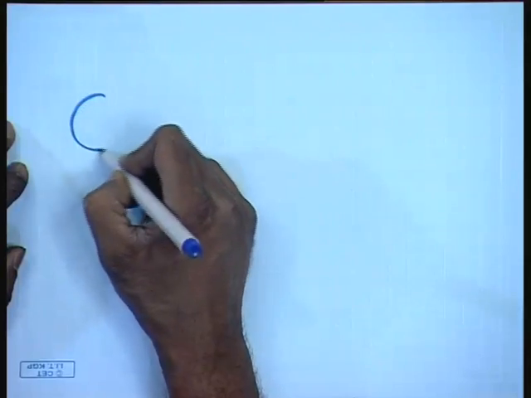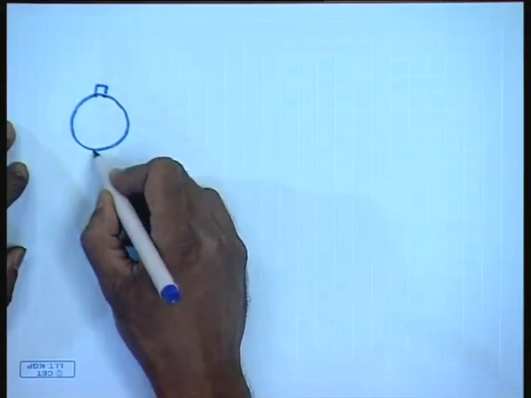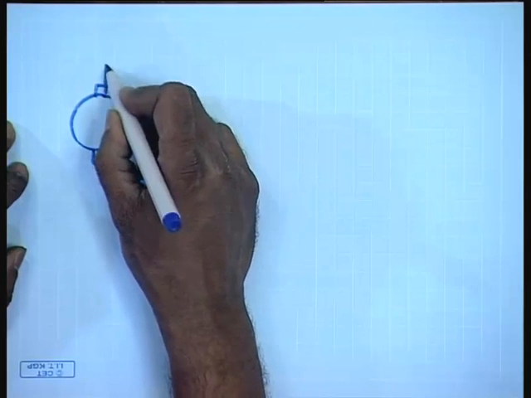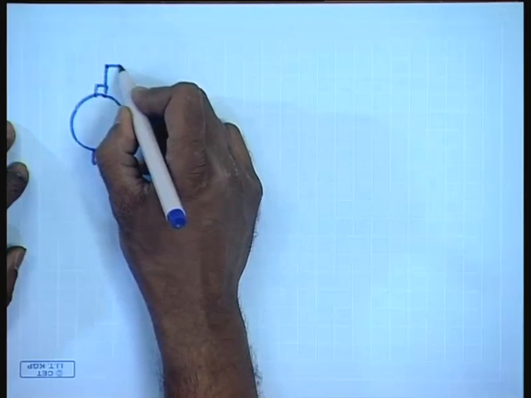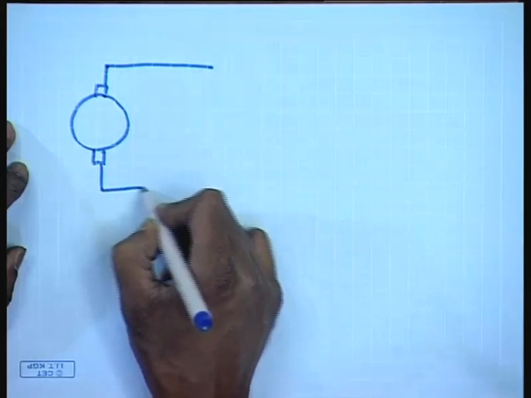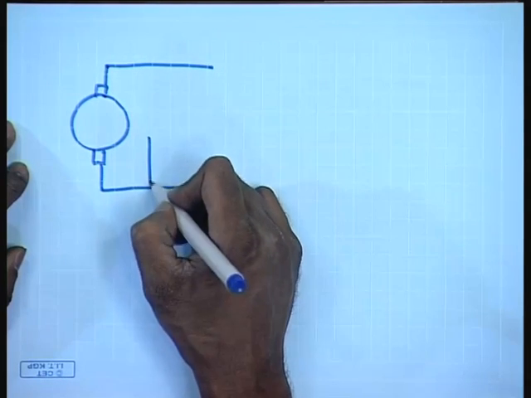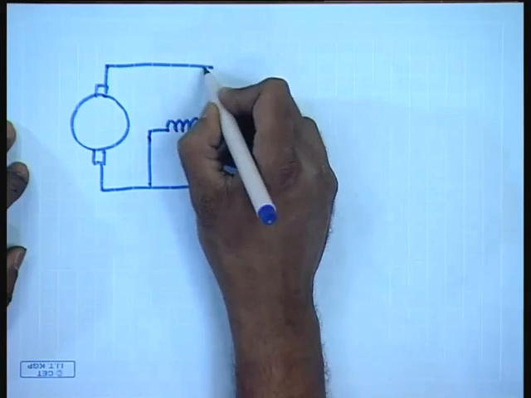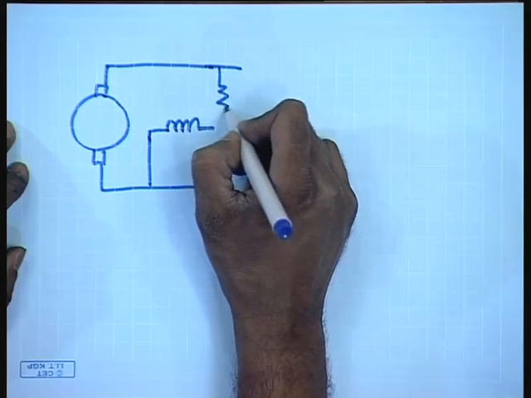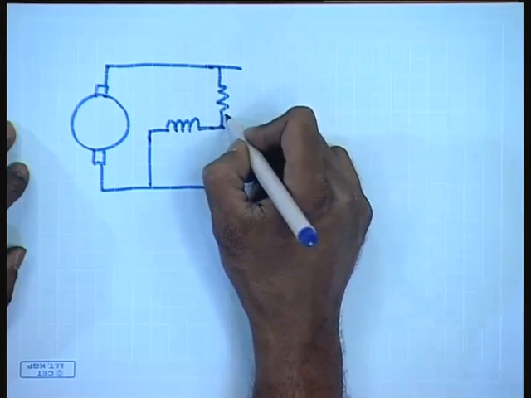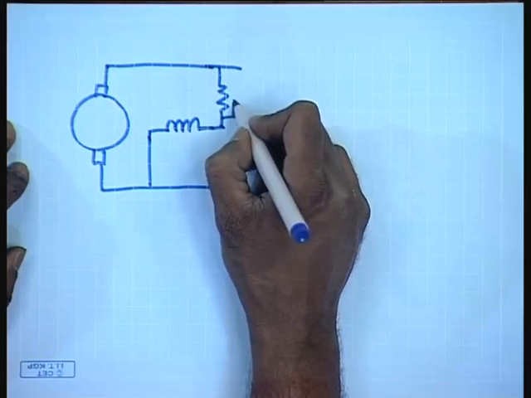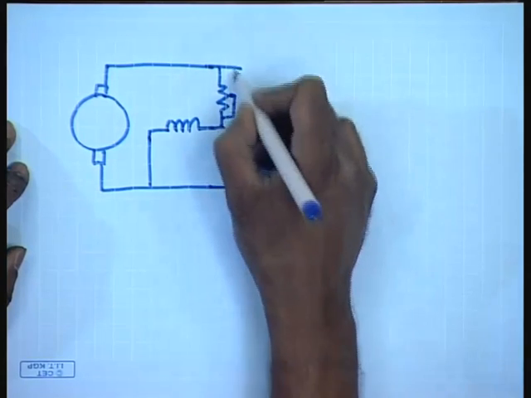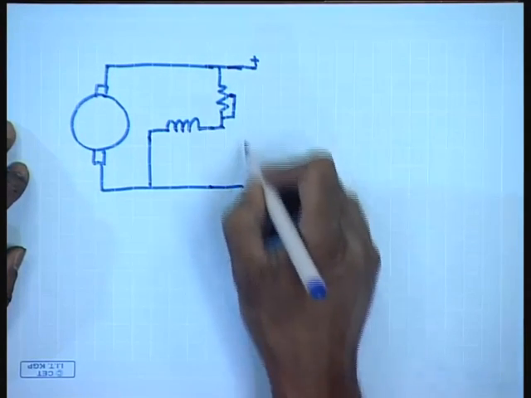The simplest approach will be to connect both the armature and the field to the available supply voltage Vt.